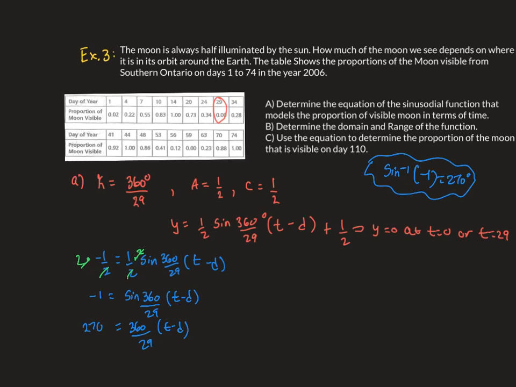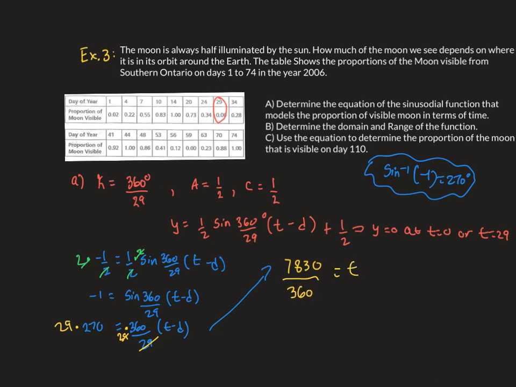So you're going to have 29 times 270, which gives you 7,830. And then you're going to divide both sides by 360 to get rid of this as well.